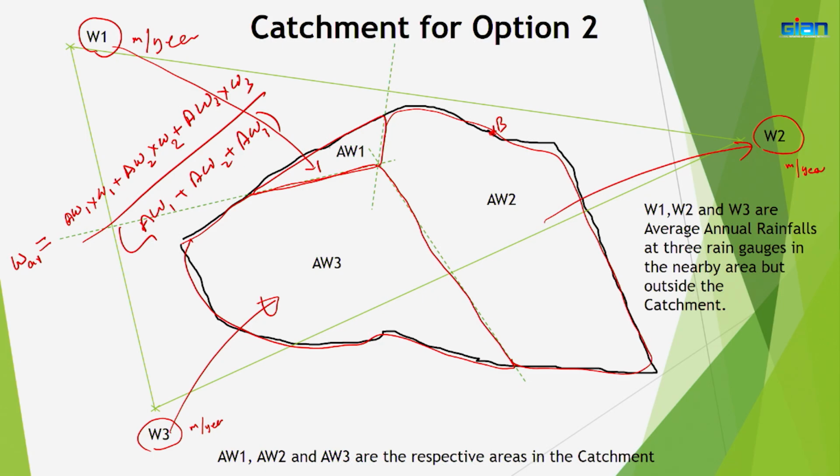If I got 2 rain gauges, I can just bisect it and get 2 areas, right. If I get only 1, I can use that. Since I have got 3, I have put that sample here.